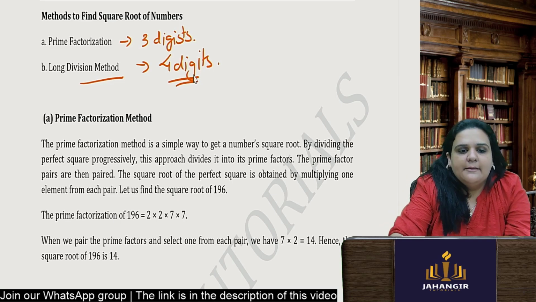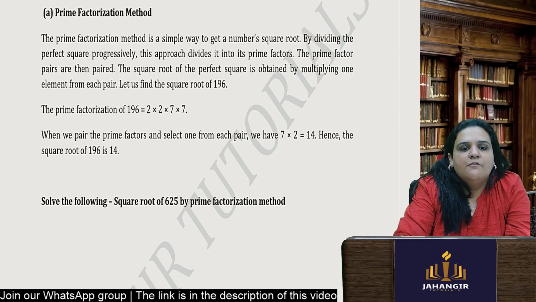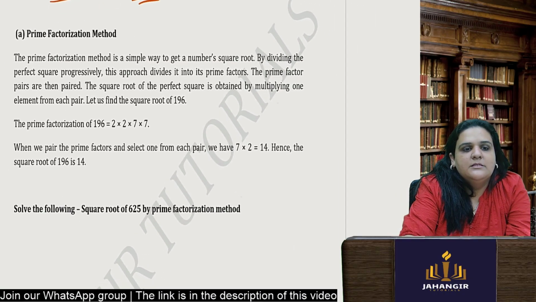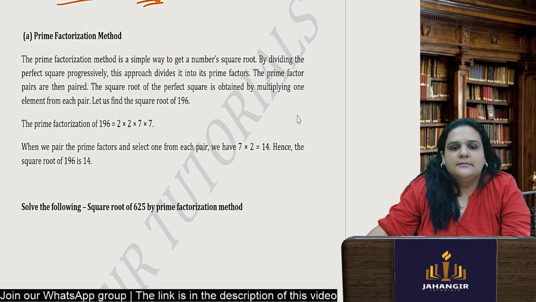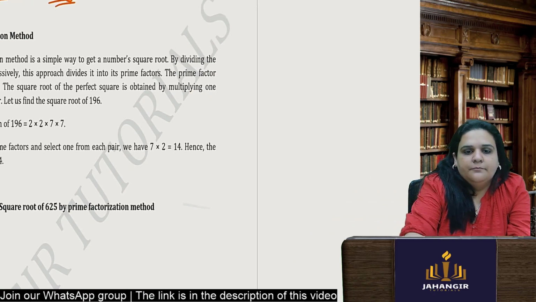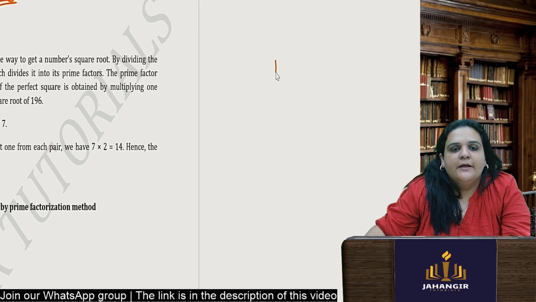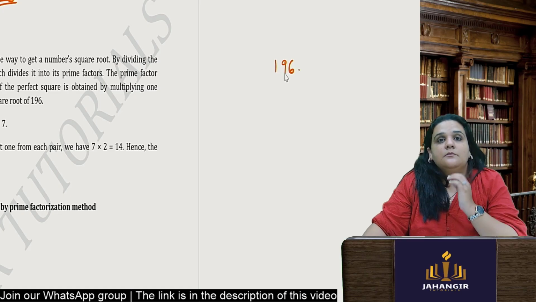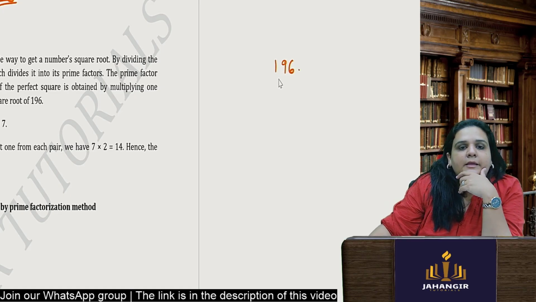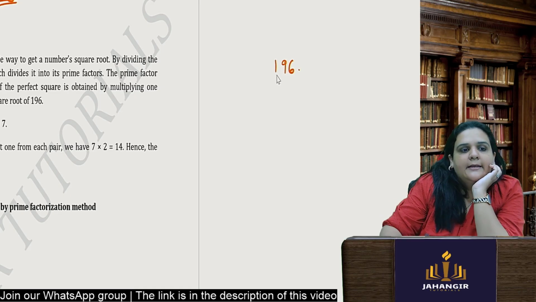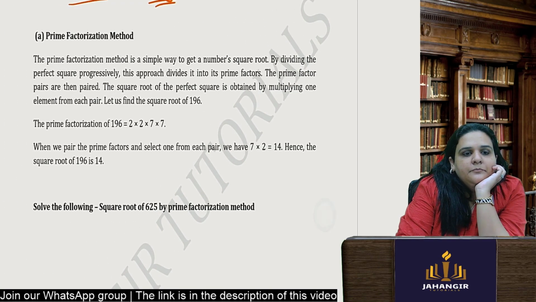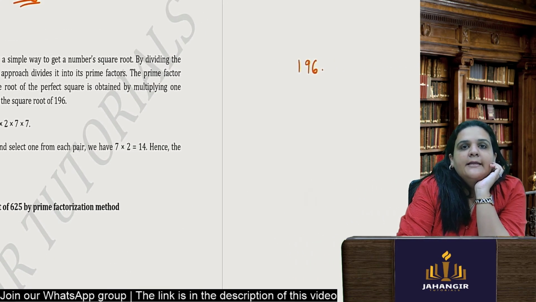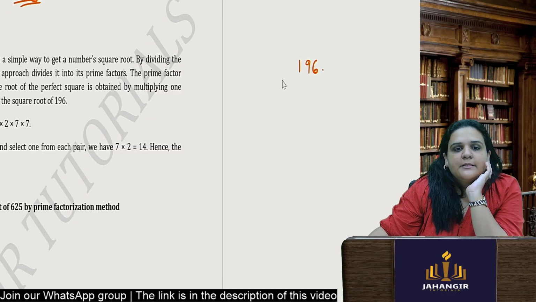In prime factorization, how do you solve a prime factorization sum? Now see this, 196. I have to find the square root of 196. Let us find it by the prime factorization method.